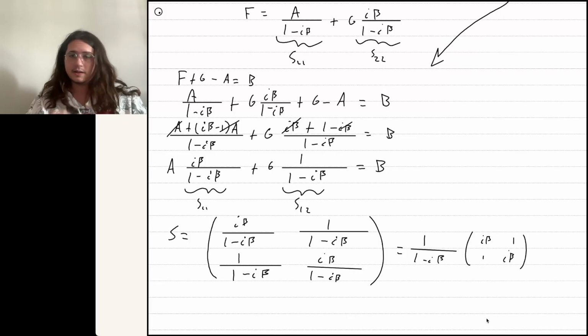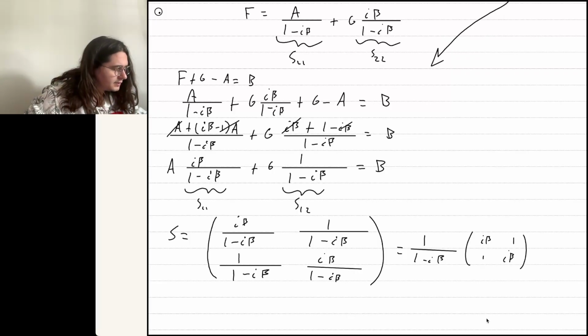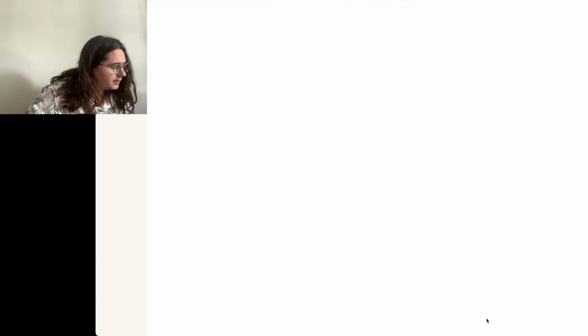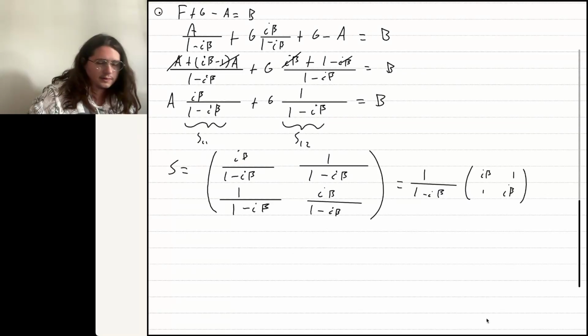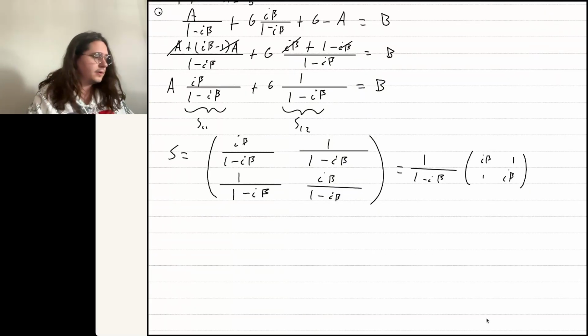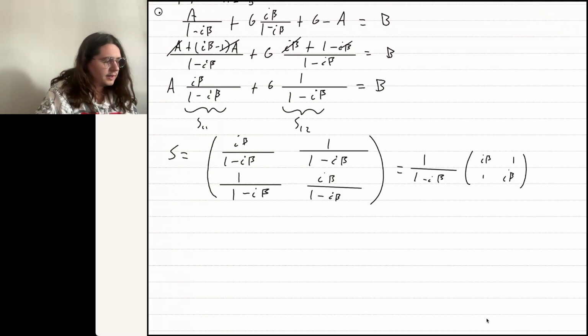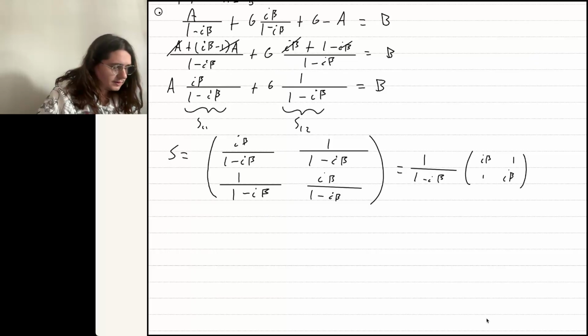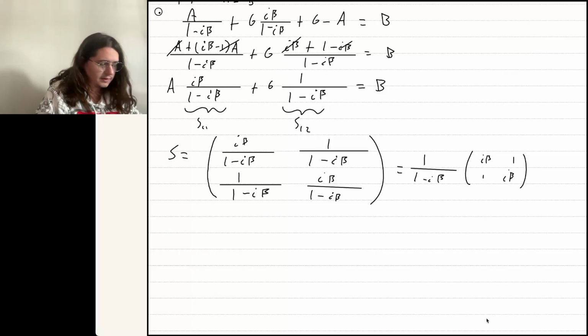Isn't that nice? The next one is we have to do the thing for the finite square well. So again, just going back to that part of the chapter, let me grab the relevant equation. Where was that? Okay, here it is. It's equation 2.170.